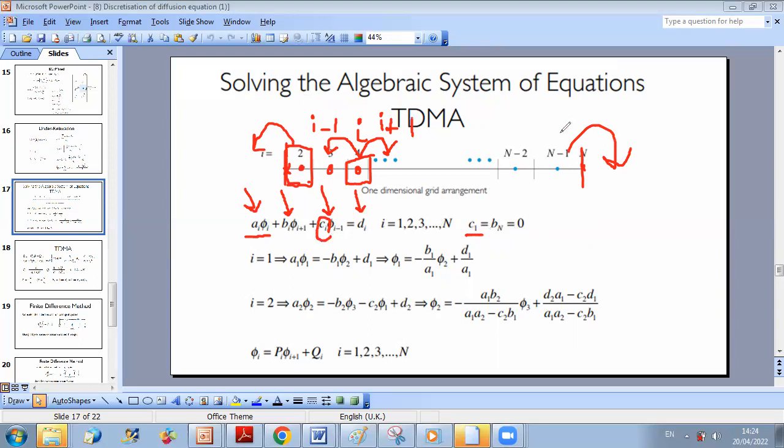And for the last cell, I don't have anything after it, so I don't have phi I plus 1. So the coefficient of phi I plus 1 will be 0. So C1 and Bn are 0 because I am at the extreme cells. While for the other nodes, for the other control volumes, I have AI, I have BI, and I have CI.